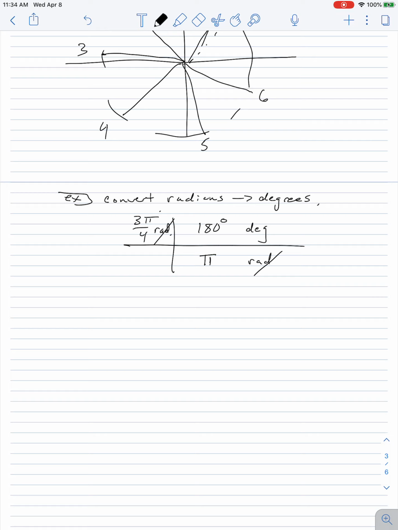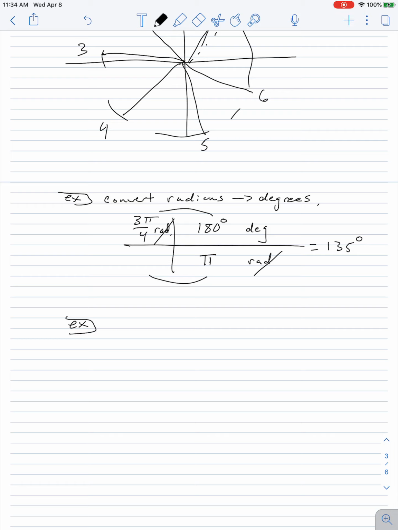And then you multiply the tops, multiply the bottoms, and divide. So on my calculator, I'm going to go 3 pi over 4 times 180, and then I'm going to divide by pi. So I get 135, and that's my degree measure.